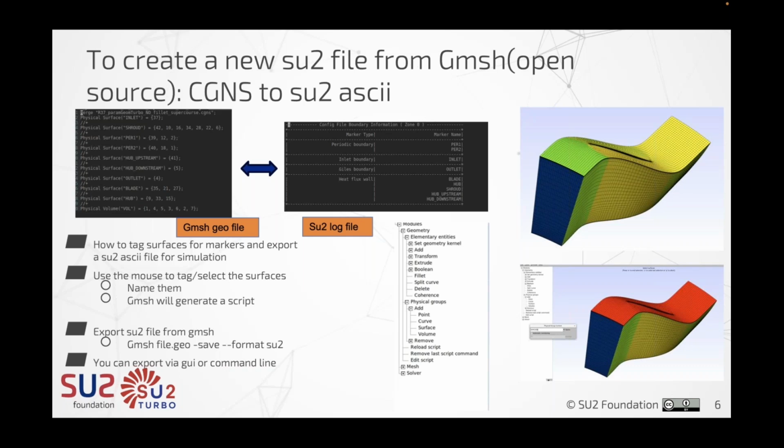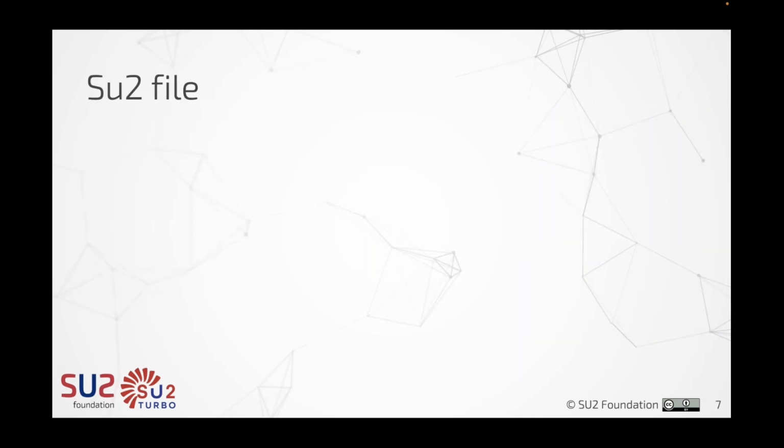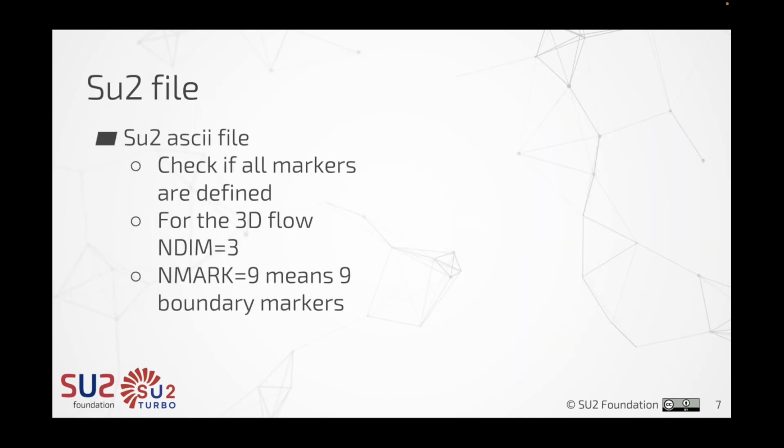So as you can see here, I have PER1, which is periodicity 1, periodicity 2, which are the two planes, inlet, outlet, then the blade, shroud, hub upstream, hub downstream. And the picture below is the menu where you use physical groups and you say add surface, like this. So this is an overview. If you guys have any questions, stop me now.